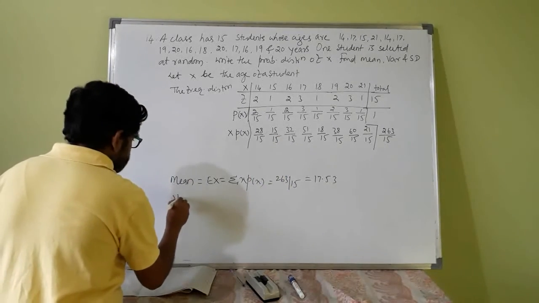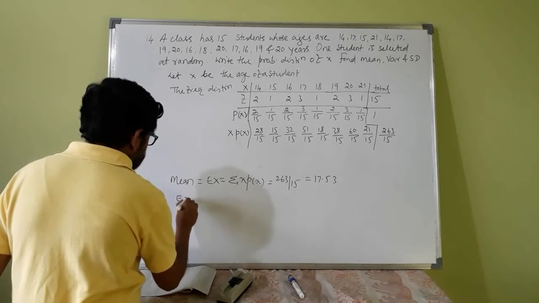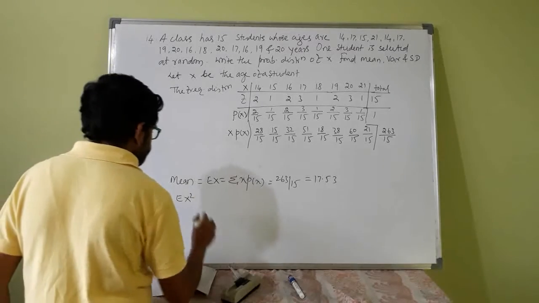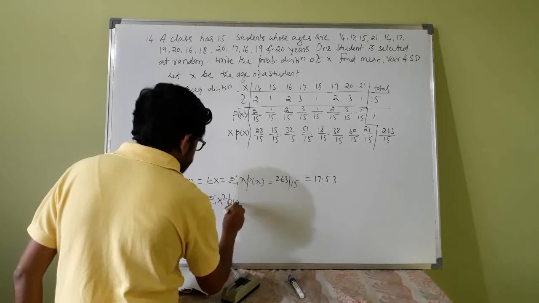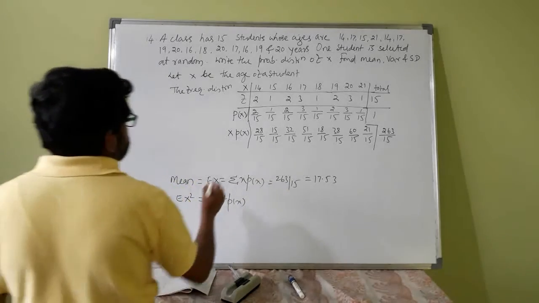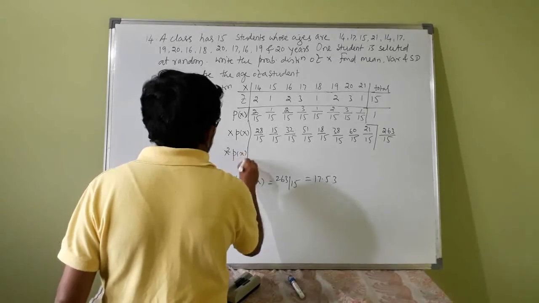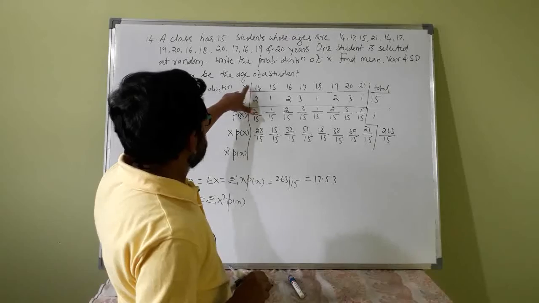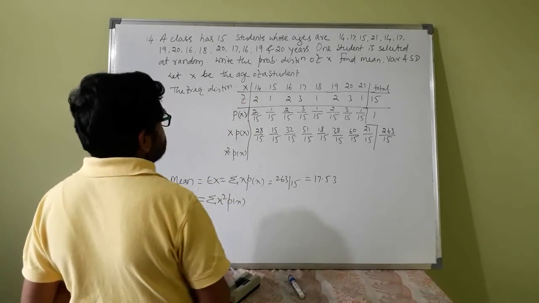Then variance. To find variance, you require expectation of x square, that is summation x squared px, that is x squared into px, again you have to multiply this. Please multiply.